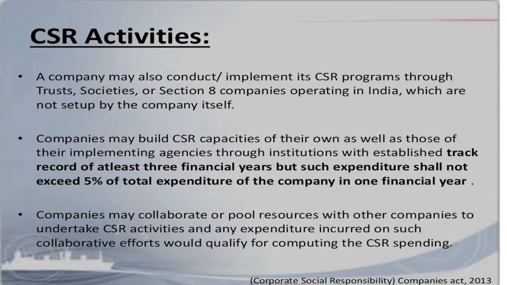Then a company may also conduct or implement its CSR programs through a trust. Already I explained this, right? Under the Companies Act, they can promote a society or trust, and the amount allotted under CSR can be spent through that trust.